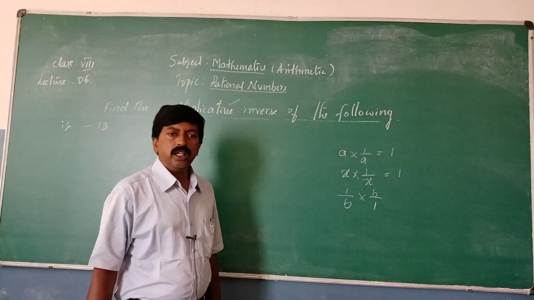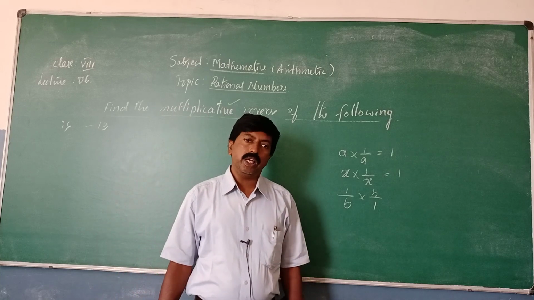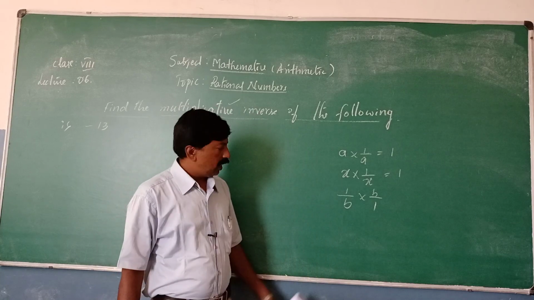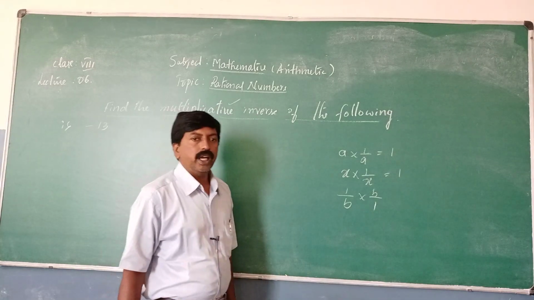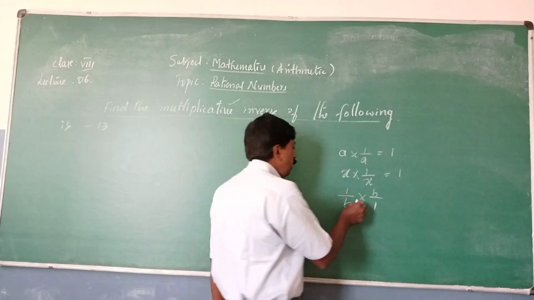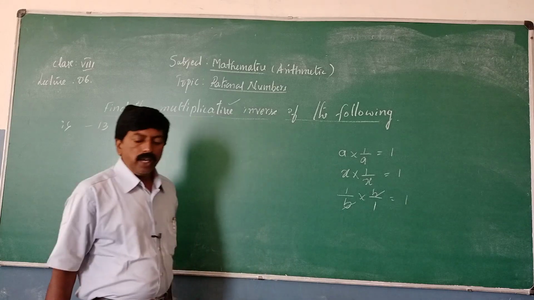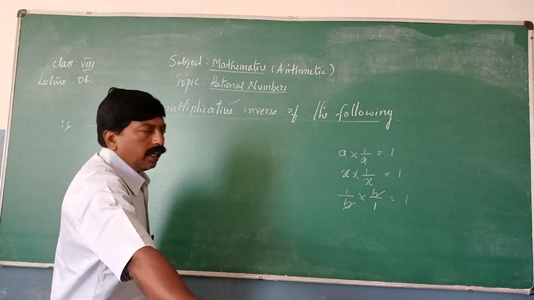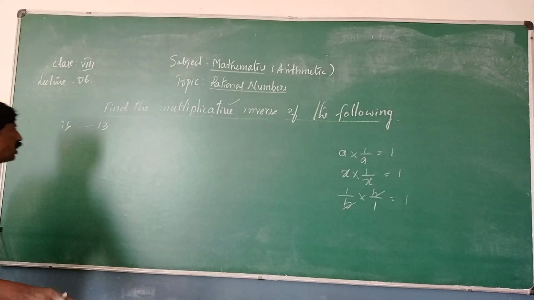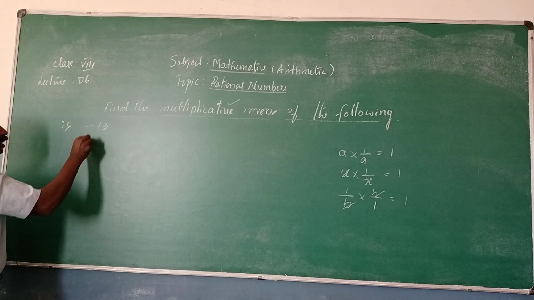Numerator to denominator, denominator to numerator, that number we call the multiplicative inverse. Like this, we have to write the multiplicative inverse of minus 13.